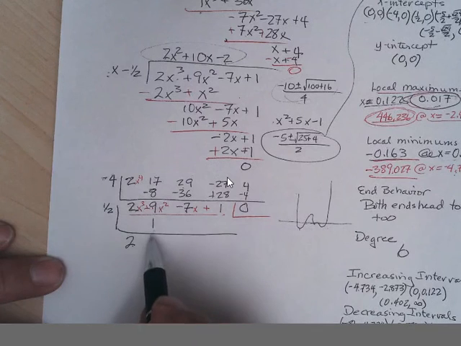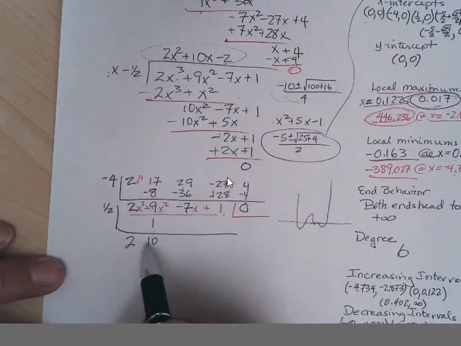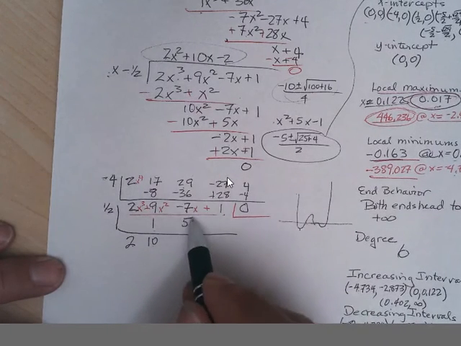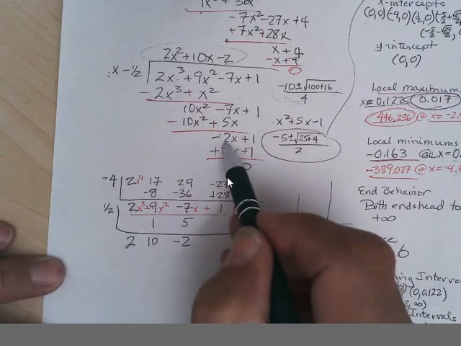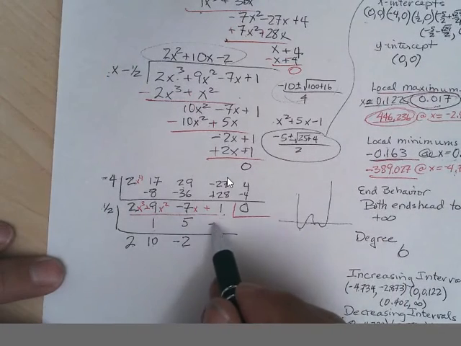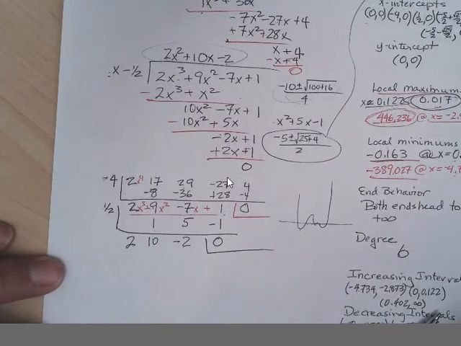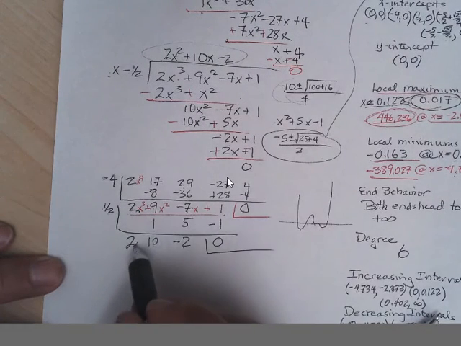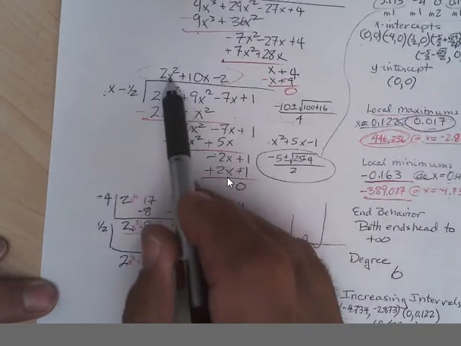We're going to add, we get 10, which is what we did. We're going to multiply by 1/2, we get 5. We're going to add, we get -2, which is what we did. 1/2 times -2 is -1, and we're going to add, and we get 0. This was x to the 3rd, so this becomes x squared plus 10x minus 2, which is what we had right there.